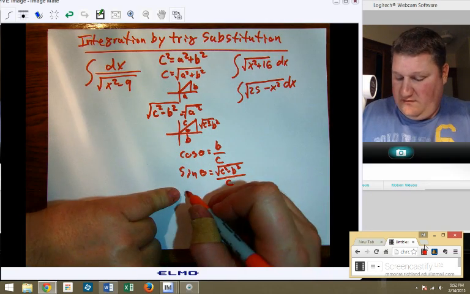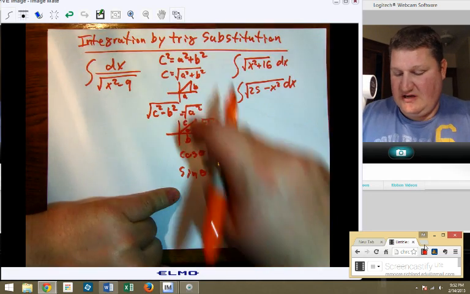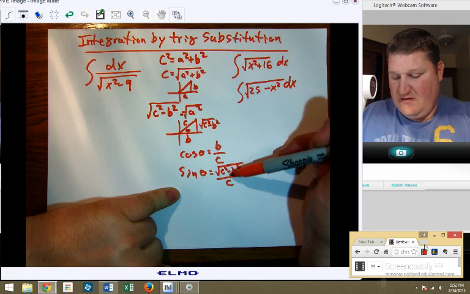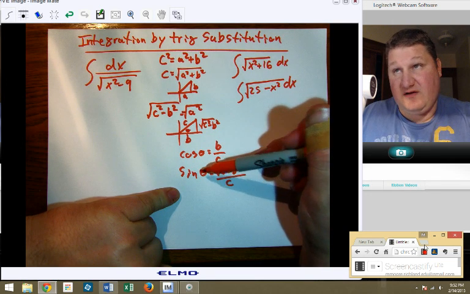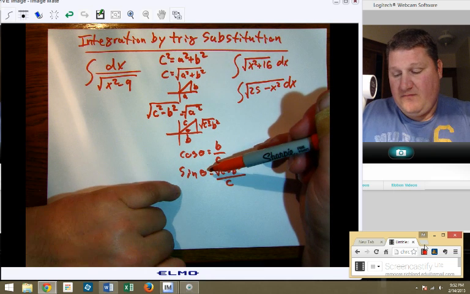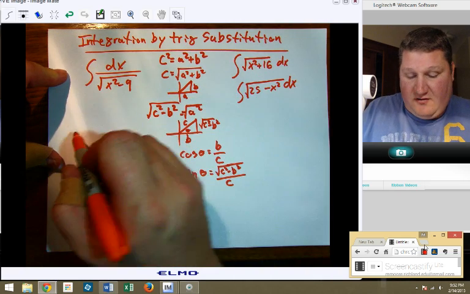I could also go into tangent, cotangent, and so on and so forth, using the sides of the triangle. Whereas this might be something fairly ugly, this is something that I can readily differentiate or integrate with no problem.